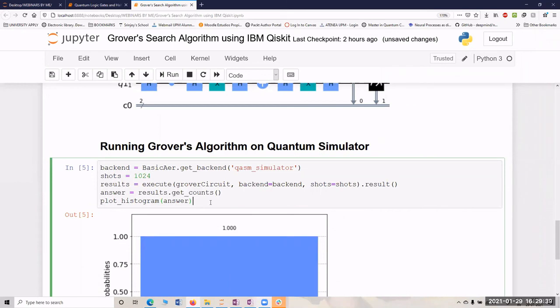If you run it on real quantum hardware, you will receive less than 100%, because as I told you, quantum hardware is currently not perfect, and there is a lot of research happening in that area to make our qubits perfect, because none of the qubits we currently have are perfect. IBM, for example, uses superconducting hardware to make their qubits, and that's also not perfect because the qubits are very fragile.